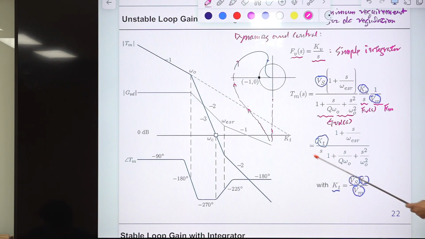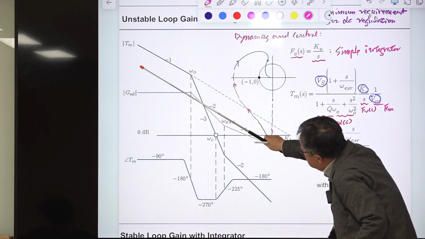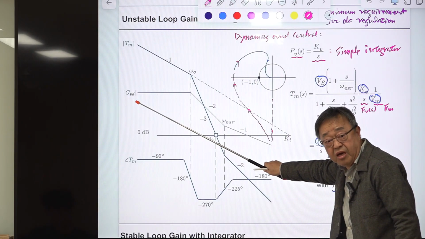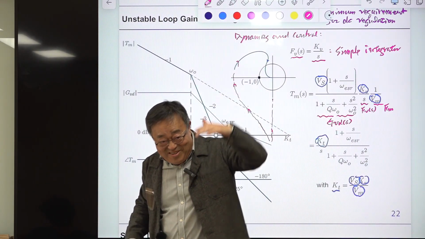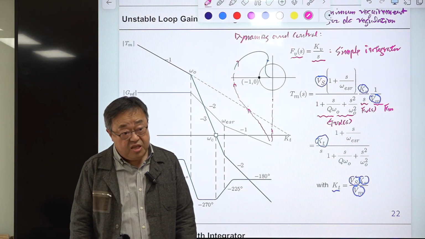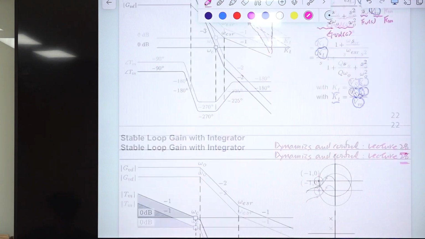That is, reduce this integrator gain, very large, extremely, sufficiently decrease. Okay, then the situation is this one.